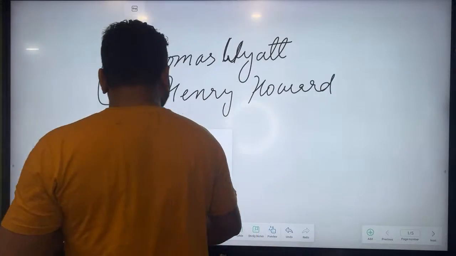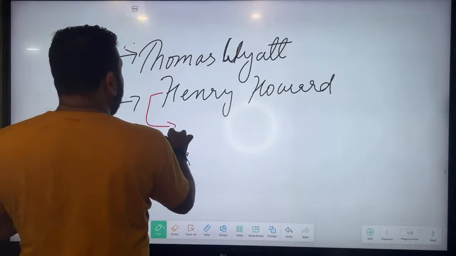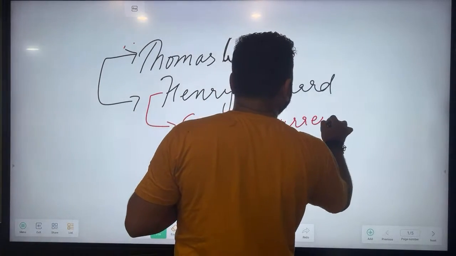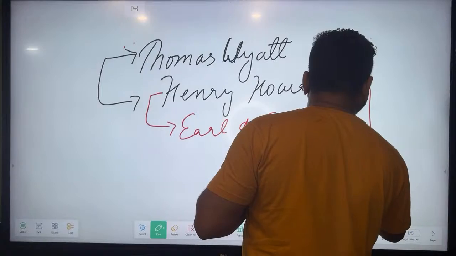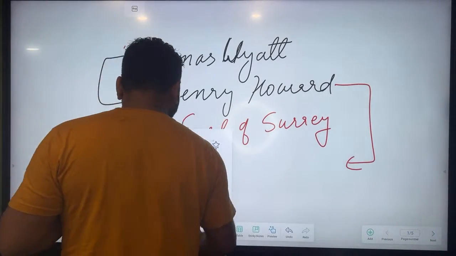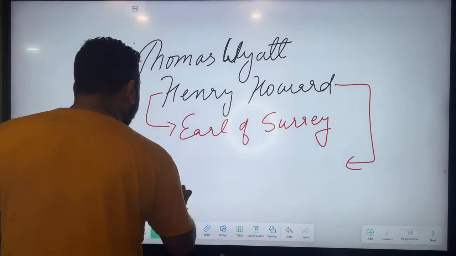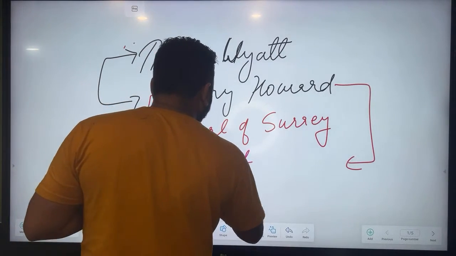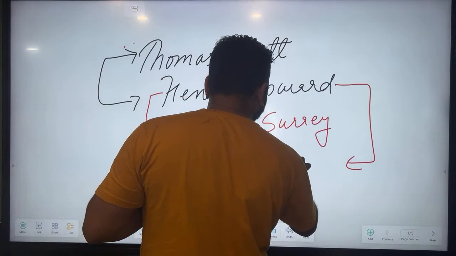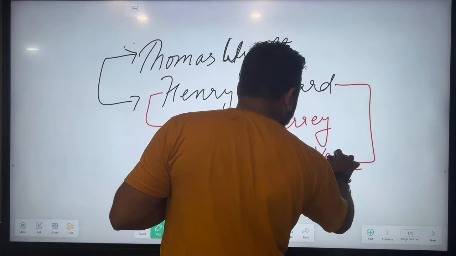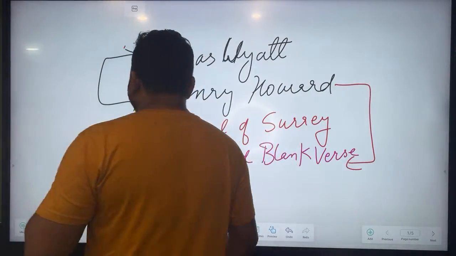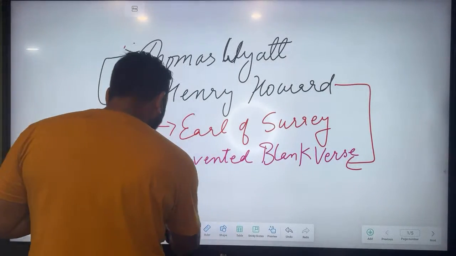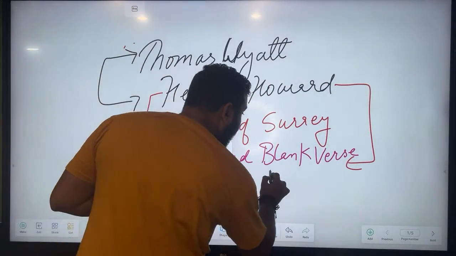Most of the students know Henry Howard as Earl of Surrey. He is also the same person who invented blank verse. What is blank verse? Unrhymed iambic pentameter. What is blank verse? Point to be noted. एक ही लेक्चर में बहुत कुछ पढ़ने को मिल जाएगा.